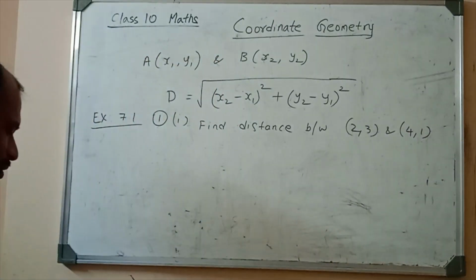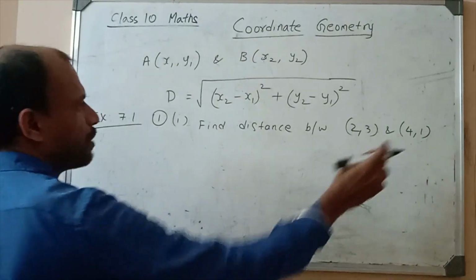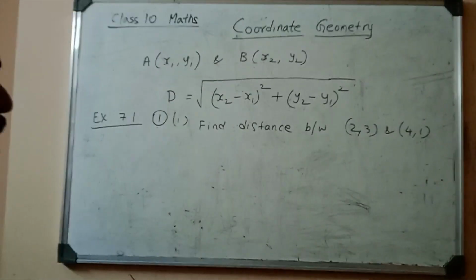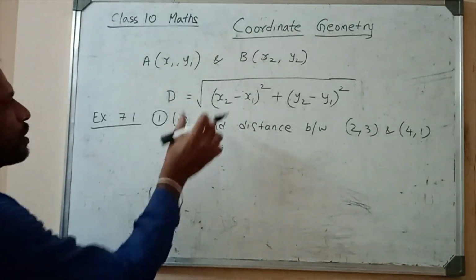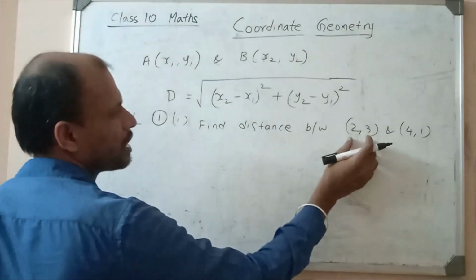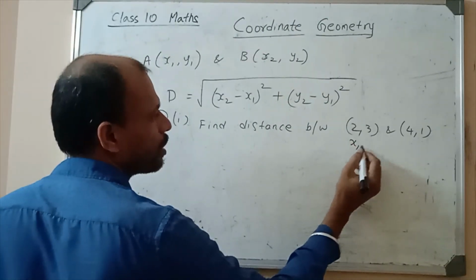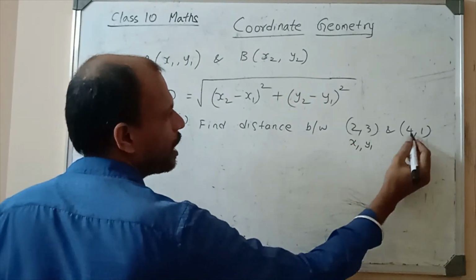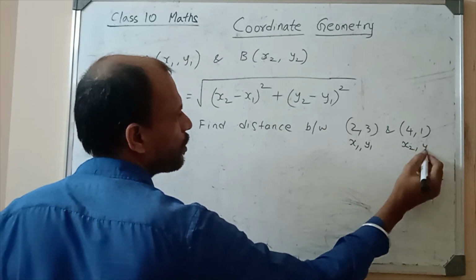So these are the given coordinates, (2, 3) and (4, 1). These are the 2 points. So here I have to use this formula. So x1, y1 are 2, 3, and then this one is x2, y2.